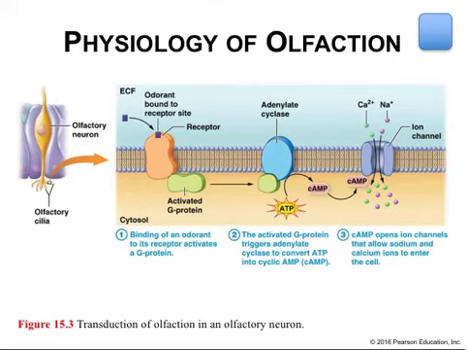This produces depolarization and action potential generation if we reach threshold. And once an action potential is produced, the odorant has been transduced from a chemical to an electrical stimulus. This signal then travels via the olfactory bulb to the olfactory tract and ultimately back to the olfactory cortex. Now remember, this is an example of a second messenger system.